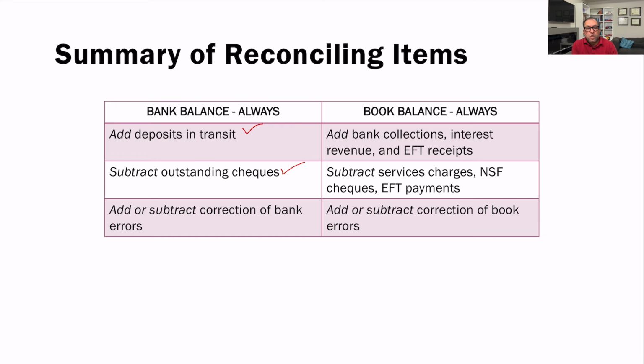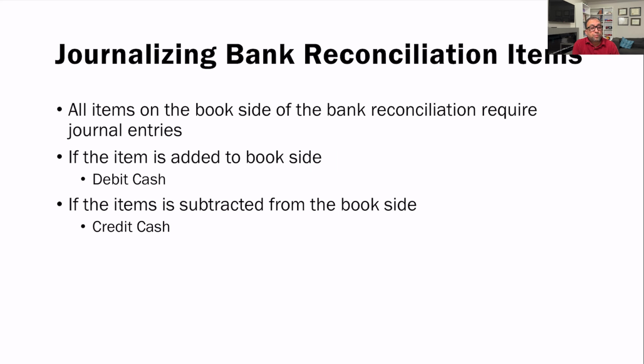On the other side, when we start with the book balance, we add bank collections, if any money is collected by the bank, add interest revenue and EFT, electronic fund transfer receipts, and subtract service charges, NSF checks, or EFT payments. So receipts are added and payments are subtracted. Add or subtract the correction of the book error, again depending on what type of error it is.